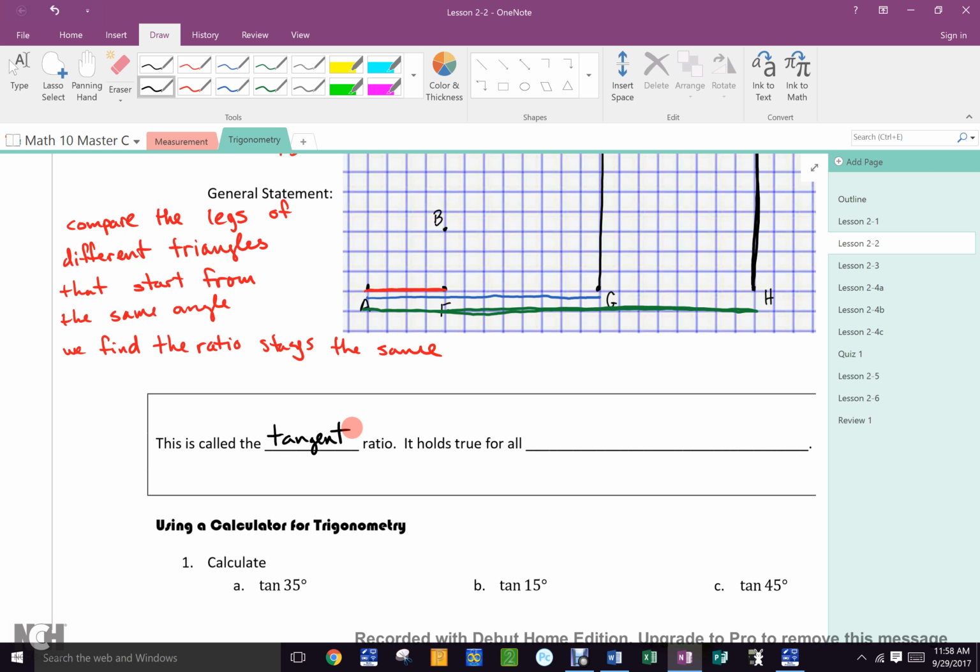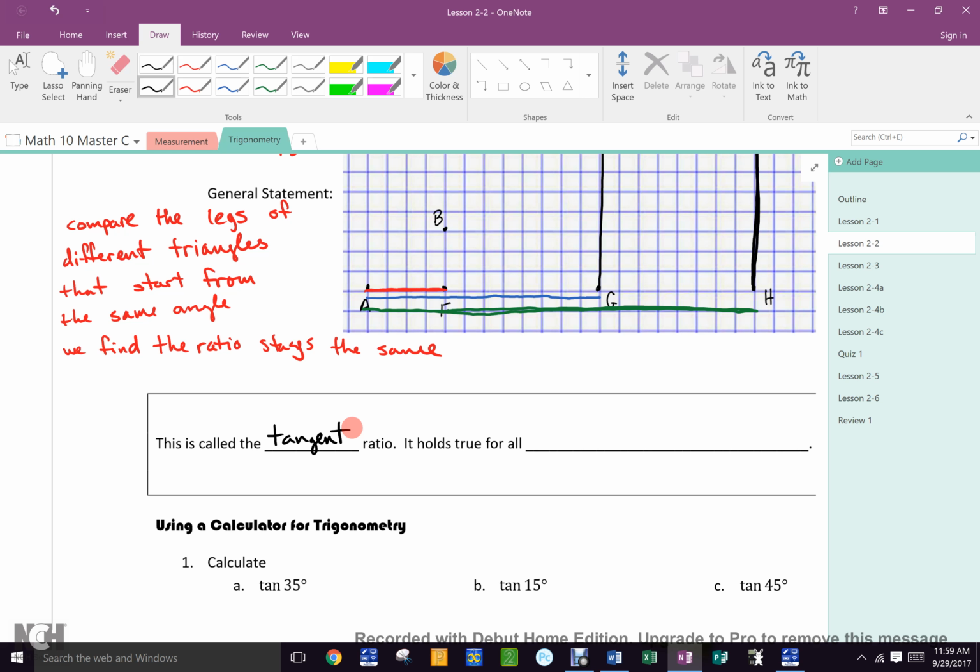Everybody with me? It allows us to draw a picture on a star map this big and tell that the closest star is billions of kilometers away. It's all trig. Cool?